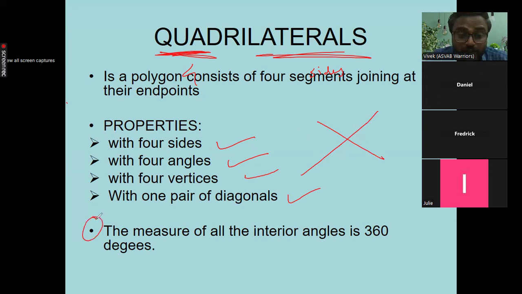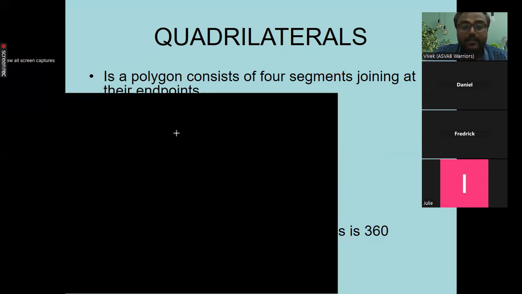And this is very important. The measure of all the interior angles is 360 degrees. So what does that mean? That simply means if this is a quadrilateral, it can be of any shape. Remember this.